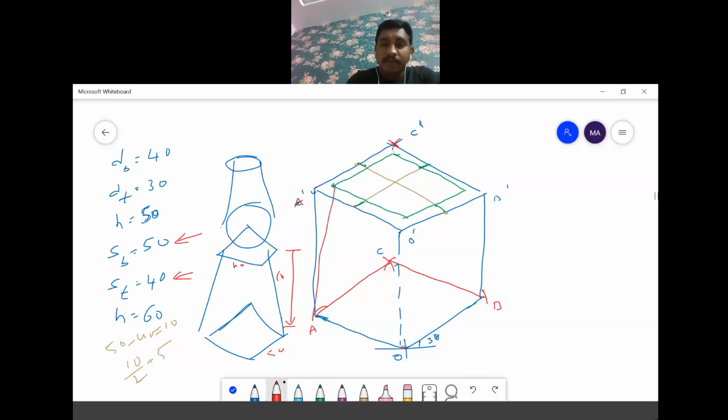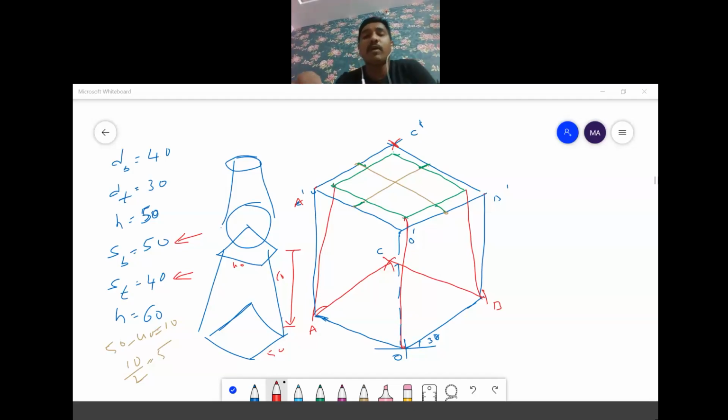It will form a frustum of a square pyramid.